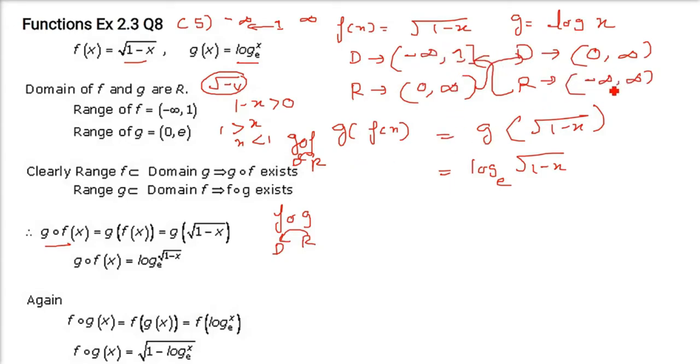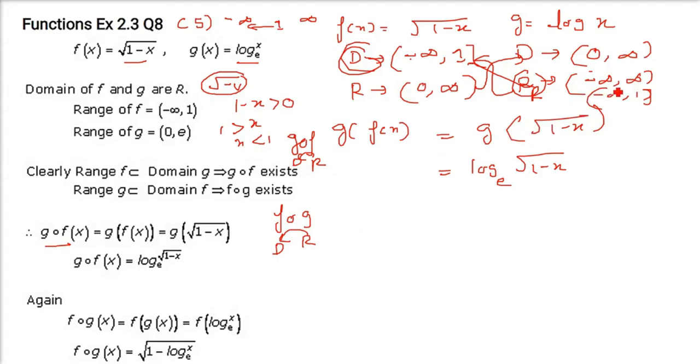So this is not defined for the whole domain. Only for a stretch up to 1 can we find the value. But how to find this value? We'll go to that question because one is coming, and we'll find the actual domain and how to get it in a short while.